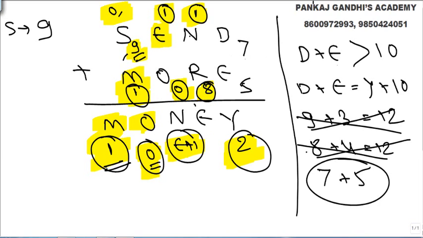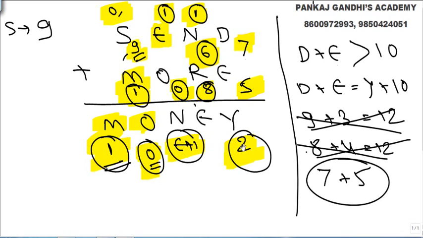So it cannot be 5, 7. So remaining is this. If E is 5, D is 7, 5 plus 7 we get 12. N is E plus 1, it comes out 6. Perfectly fine, everything is fitting now.